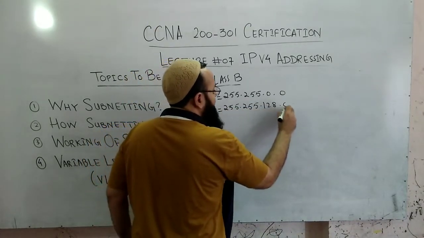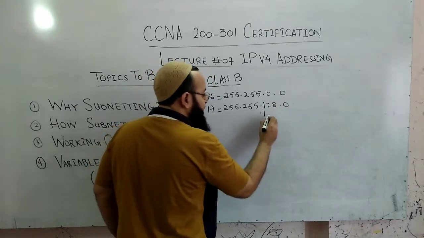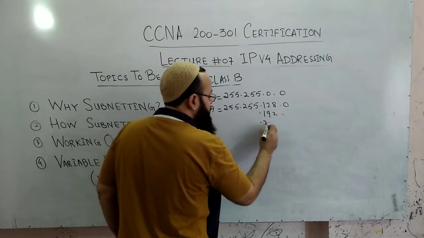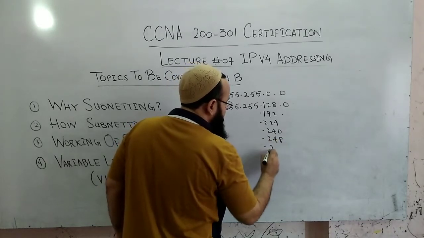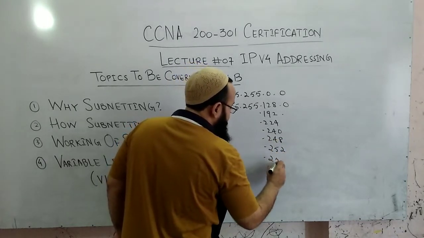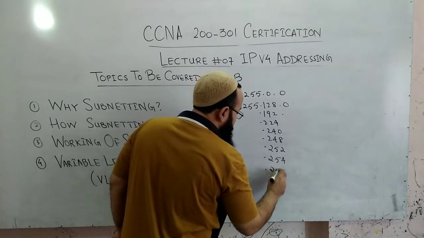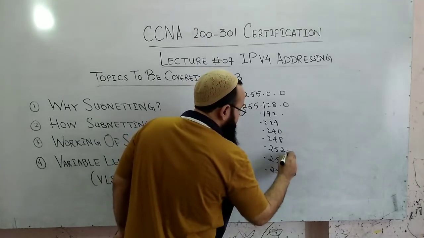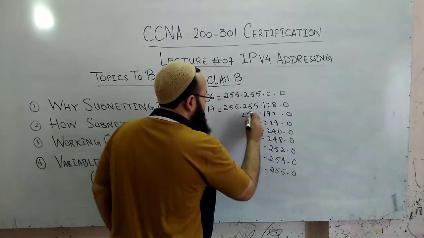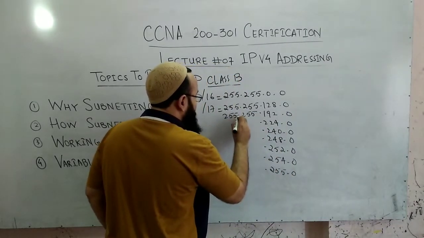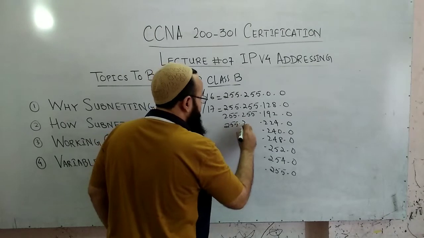Turning on one bit becomes equal to 128, then 192, then 224, then 240, then 248, then 252, then 254, and then 255. This is all about class B subnet masking.